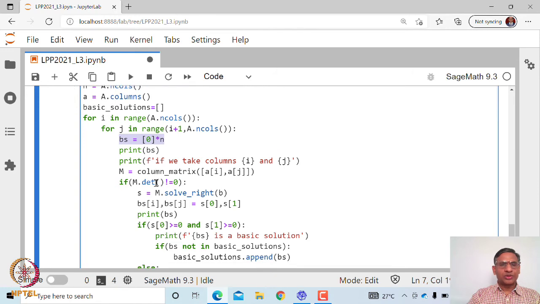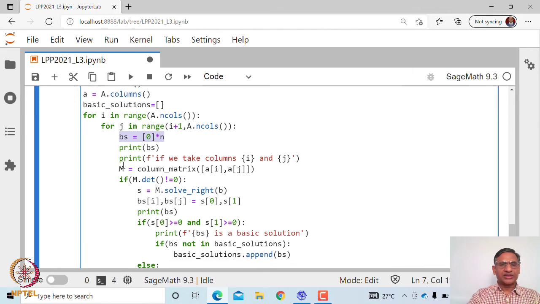And then we extract the ith column and jth column of A and create a matrix, let us say M. In case this matrix is invertible, that is the same as saying A_i, A_j are linearly independent. If that happens, then write the solution, that is, S is equal to solve Mx equal to b.